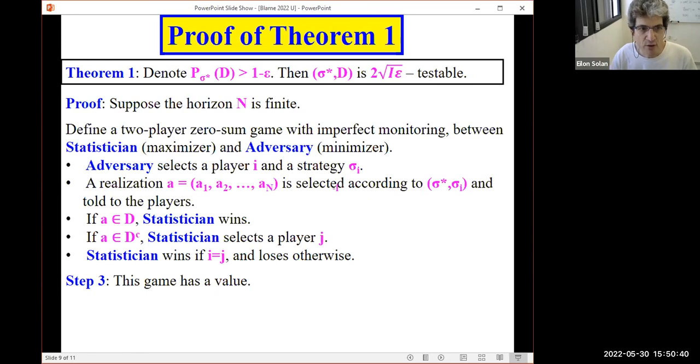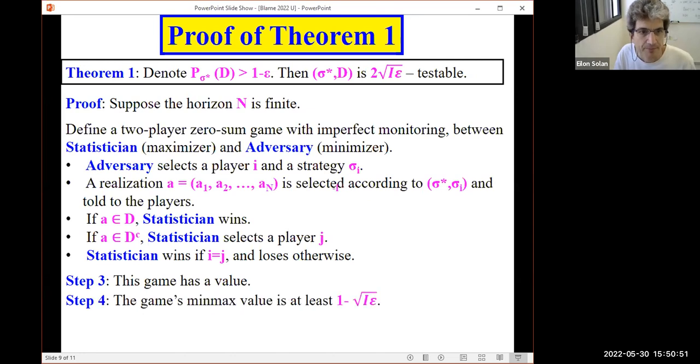So therefore, the value of this game exists. And the intricate point is to show that the value is close to 1. So the min-max value of this game is at least 1 minus the square root of I epsilon. This is the last step of the proof.